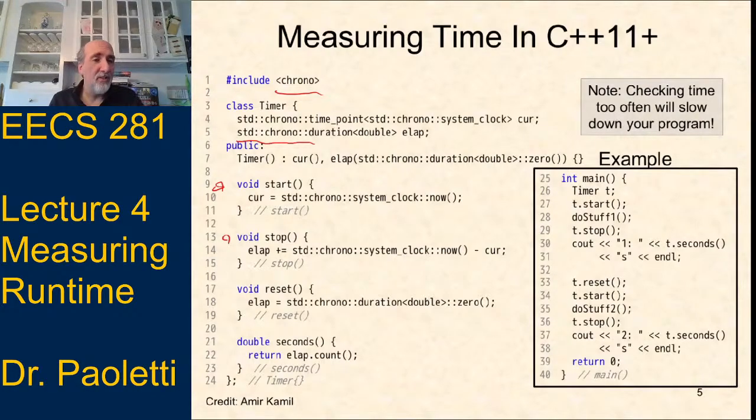So you can say start and stop the timer, and then you can say, I would tend to look at the last one first. Tell me how long that took as a double. How many seconds did that take? And then if I'm going to reuse the timer and I want to time this thing, print it out, and then time something different and print that out, we could reset them in between those two different parts.